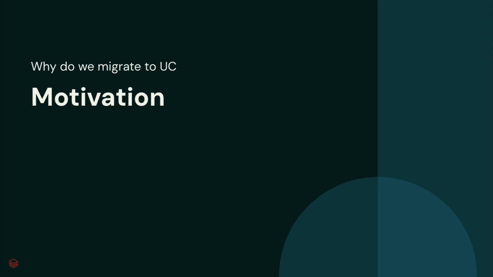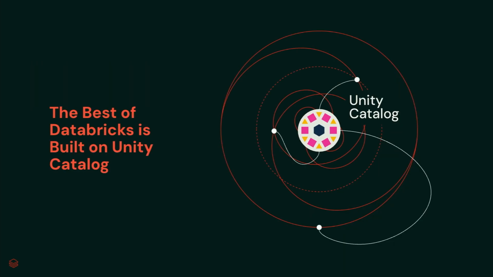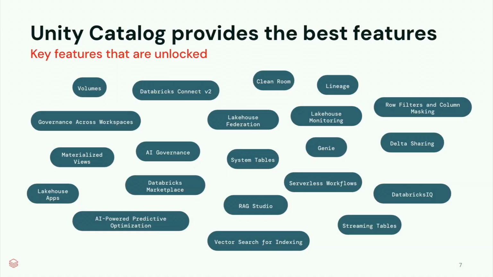So a little bit about the motivation. Obviously, why we want to migrate to UC. The best of Databricks is built on Unity Catalog. I'm sure in the keynote tomorrow there'll be a lot of topics. A lot of capabilities and features get unlocked. I think the latest one that literally got the release note today or yesterday was attribute-based access control.